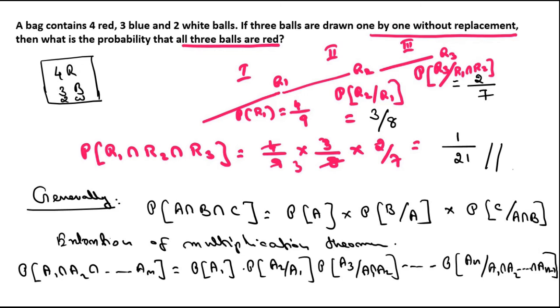So here 3 means up to 2, 2 means 1, like that. So n means n minus 1. So this we call the extension of the multiplication theorem.